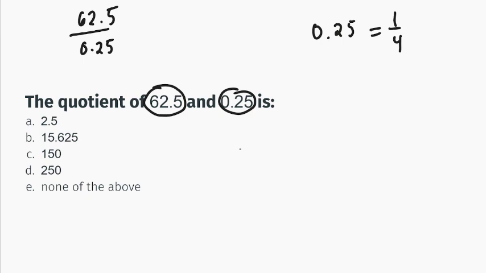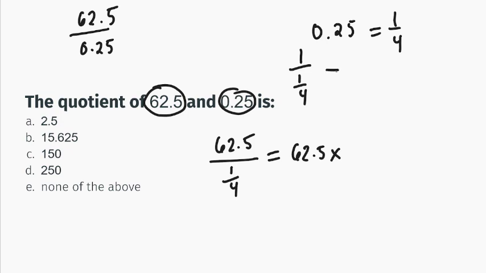Since we are dividing 62.5 by the fraction 1/4, it is the same as multiplying it by the reciprocal of the fraction, which is 62.5 times the reciprocal of 1/4, which is 1 over 1/4, which is the reciprocal, 4.